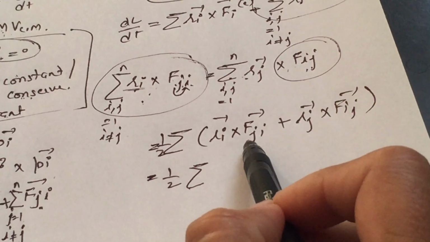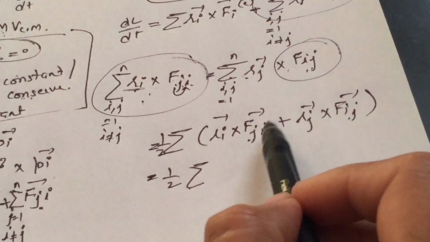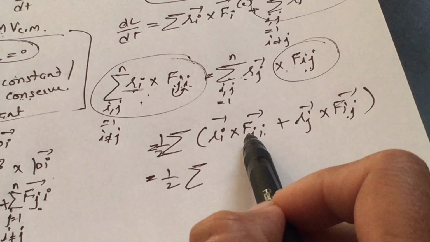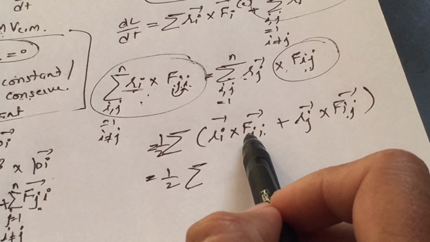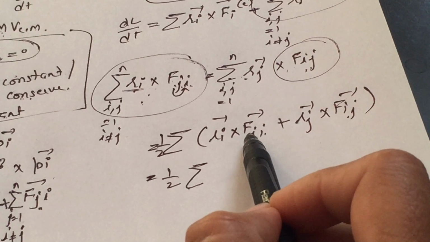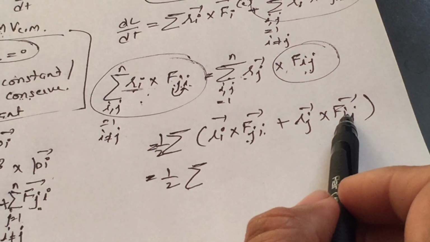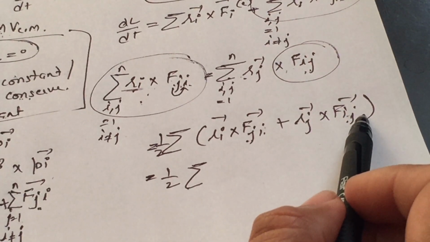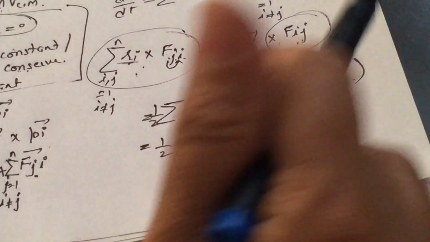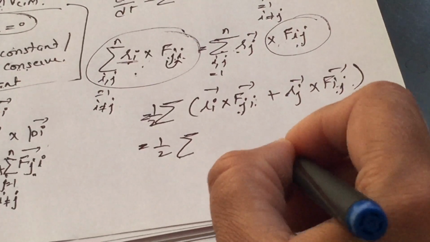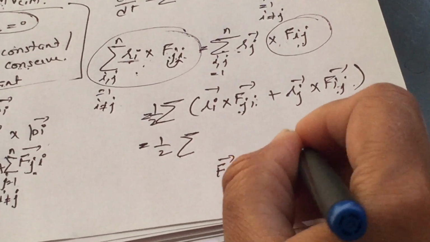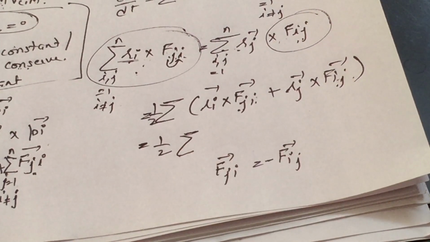What is the relation between fji and fij? First, the ith particle is applying force on the jth particle. Similarly, the jth particle is applying force on the ith particle, but they are equal in magnitude and opposite in direction. It means we can put fji equal to fij in magnitude but opposite in direction.